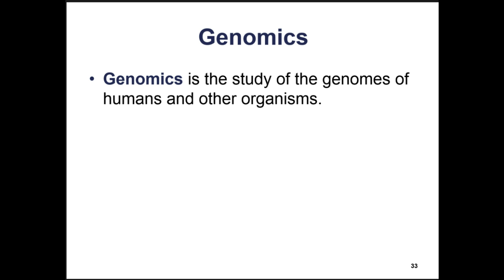The next few slides talk about some other common applications of biotechnology that you may run across. So genomics is the study of genomes of humans and other organisms. Understanding the genomes of humans and other organisms is critical if you're going to be doing genetic engineering and recombinant DNA technology, where you are manipulating the DNA of humans and other organisms.